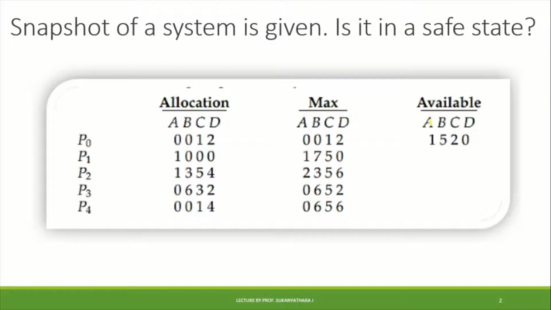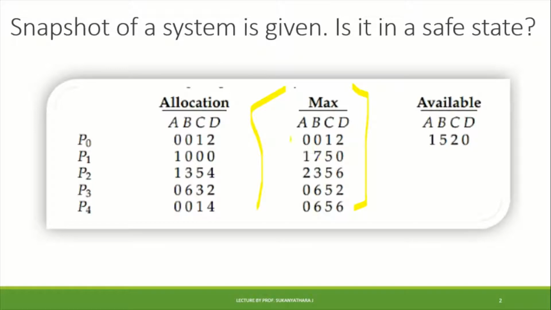So in the banker's algorithm, we will use a matrix called max. So this is the max matrix. What is the purpose of the max matrix? When a process is created in the system, it will inform the operating system what is the maximum resource requirement of that process.